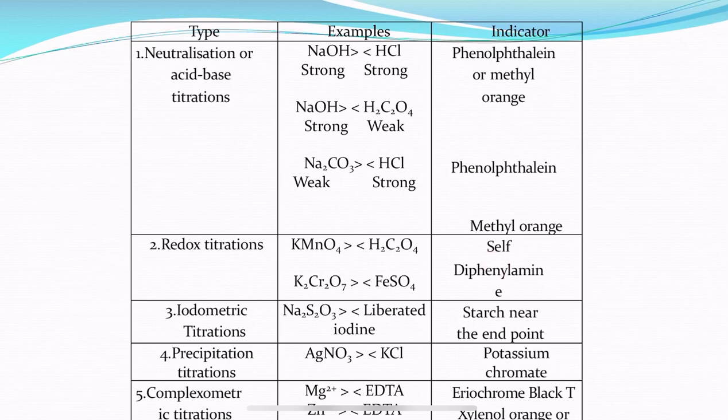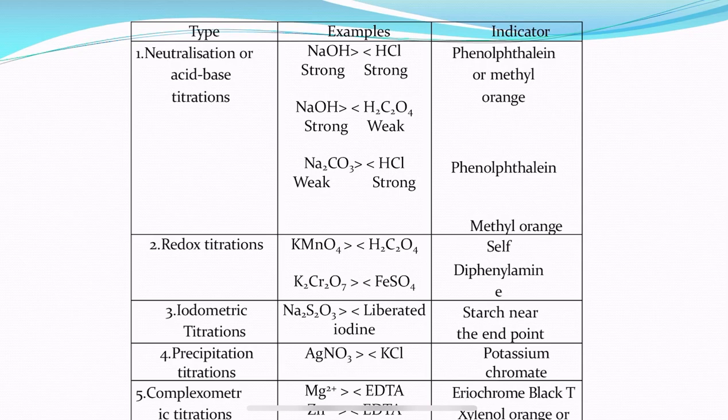Some solutions act as an indicator themselves, because permanganate has a colored appearance, so it will itself act as an indicator. In the same way, potassium permanganate versus ferrous sulphate is also an example of redox titration, where we are going to use diphenylamine as an indicator. Okay. So, this is the second classification.